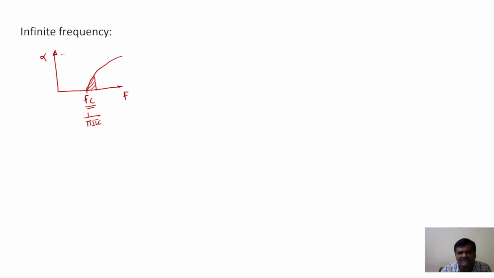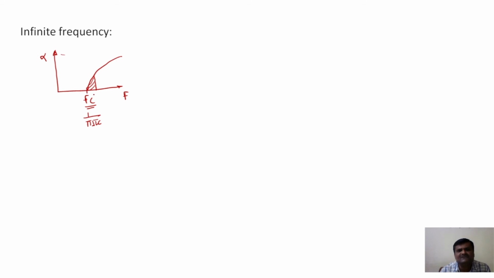So our aim is that in this region the attenuation should be infinite. Are you getting me? The attenuation should be infinite. If in this region attenuation becomes infinite, then no signal passes through this attenuation band, and you will get a sharp cutoff frequency.